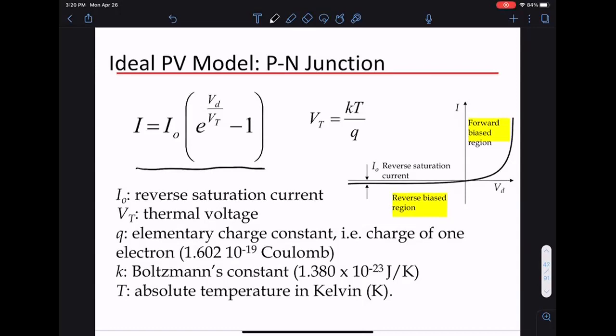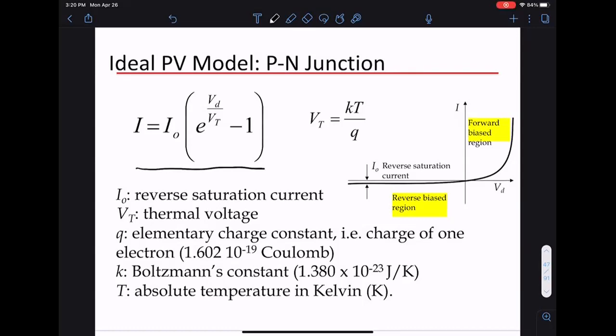To derive this, we'd be going more quantum than we really want. So for us, it's sufficient just to remember this as the diode equation, and to know where to look up these constants.